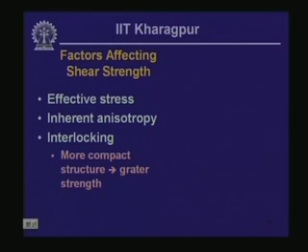Then the third thing that affects shear strength is interlocking. As we have seen, the more compact the structure, the greater will be the interlock, there will be dilatancy, and what we are going to get is a larger strength in comparison with a comparatively looser assembly.